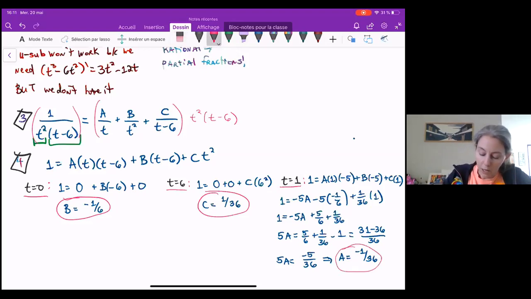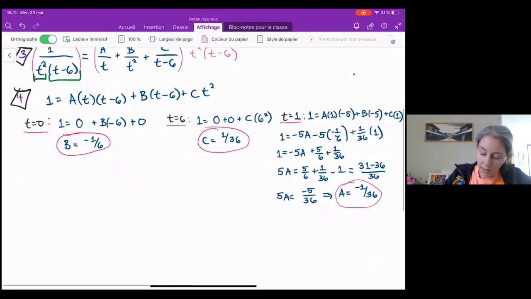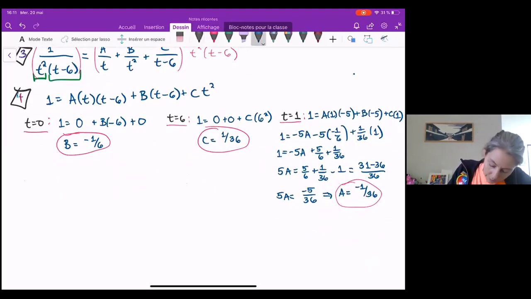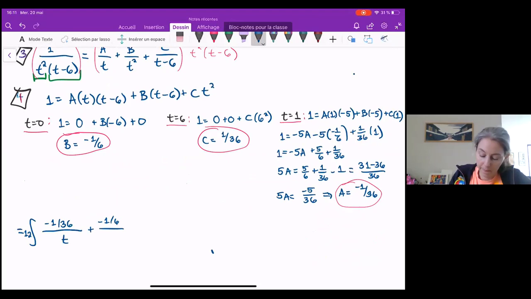Okay, good. So now we rewrite this in the integral. So our integral is 12 out front, -1/36 over t. Notice I'm not moving that 36 down to the bottom. I'm keeping my fractional exponent up top, plus -1/6 over t squared plus 1/36 over t minus 6.